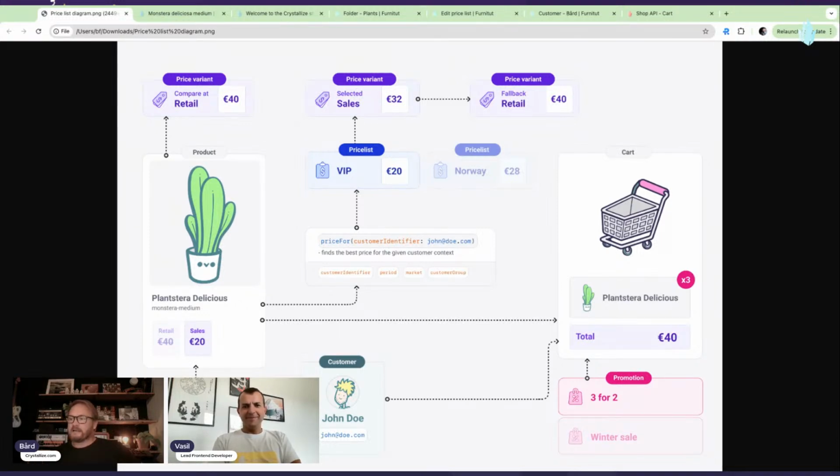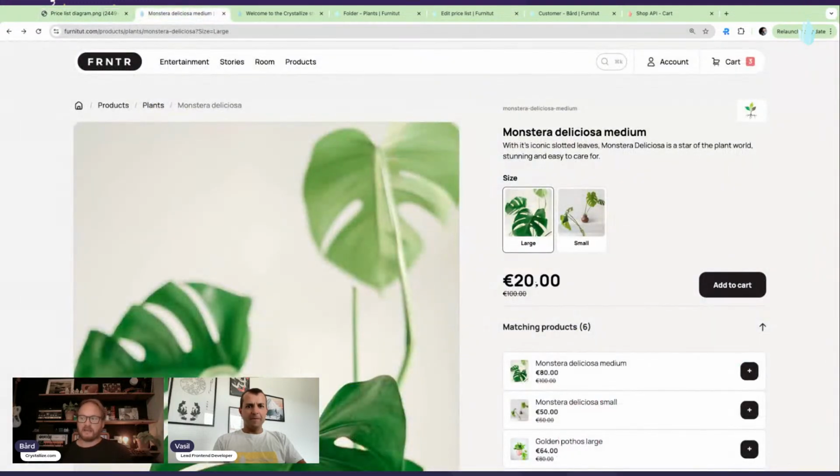And basically, the promotions are different than price lists, because price lists are designed to adjust the catalog prices for everyone, or for you, or for a specific group, while the promotions are typically triggered given what you've already added to the cart. So it has the cart context, which obviously on a product landing page, you don't have any cart context that you can work with.